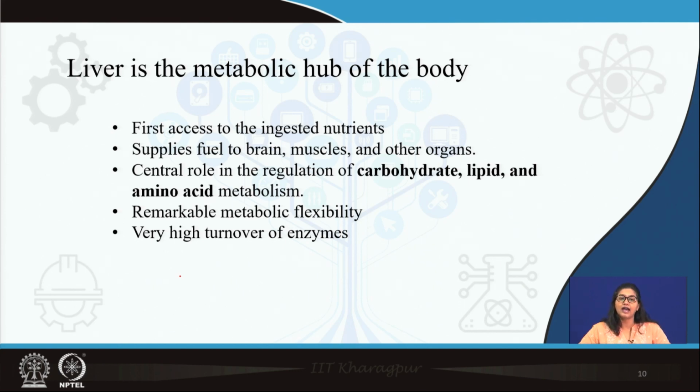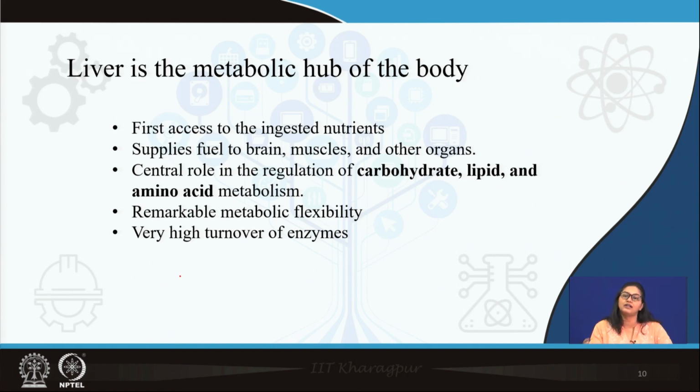Now, liver has remarkable metabolic flexibility. When we take a very rich, high protein diet, what happens? The amino acid metabolizing enzymes present in liver are stimulated, their synthesis is increased.